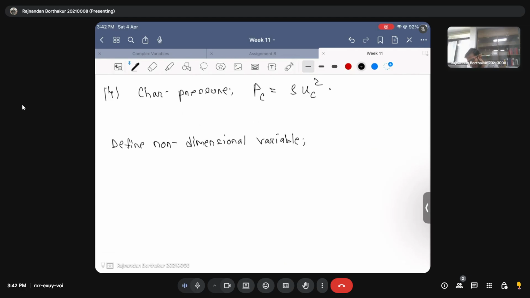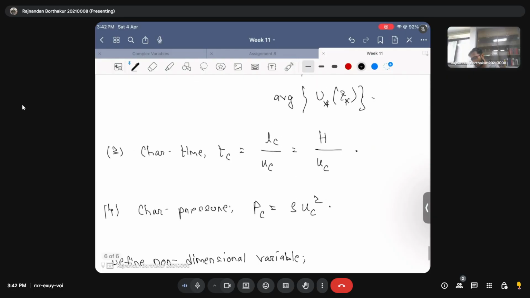For example, the non-dimensional position vector is just the dimensional position vector divided by the length scale, which is h. The non-dimensional time is just the dimensional time, t star by tc, where tc, as you can see, is lc by uc. This is something that you can use.